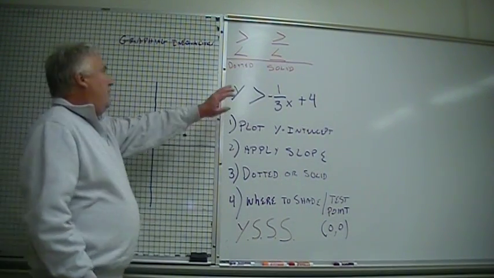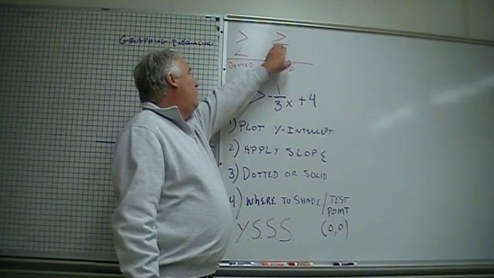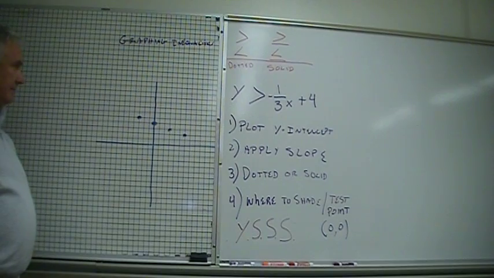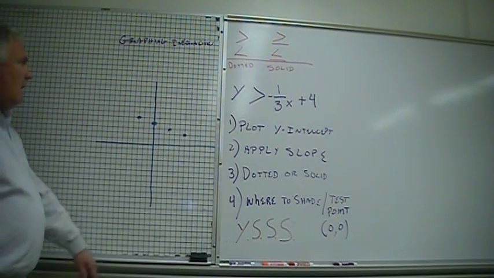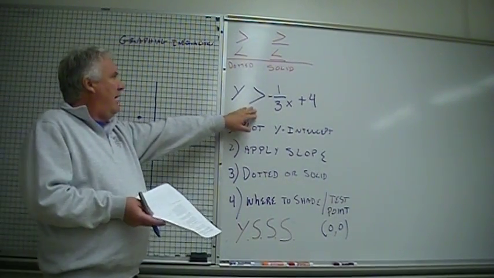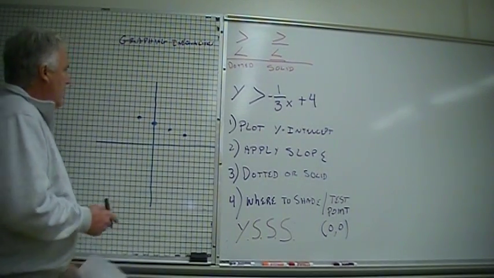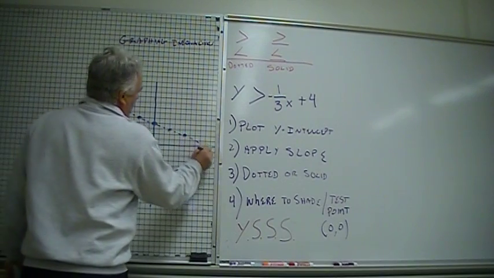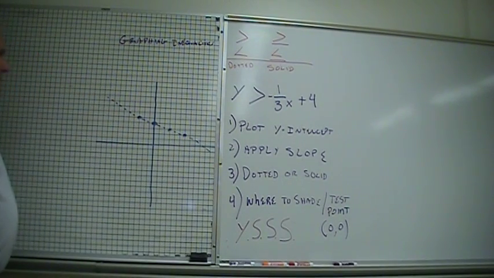The way I always remember it is if there's a line underneath the greater than or less than, it becomes a solid line. And in our case, we do not have an or equal to, so it becomes just a dotted line like that.